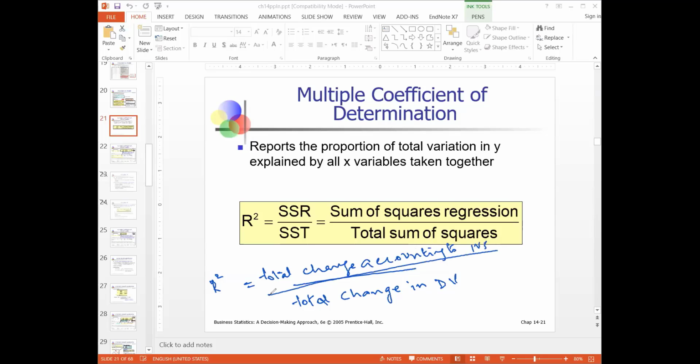So R square is how much y has changed and how much of it is explained by changes in our independent variables. In simple words, as I wrote in the previous slides, it is the known knowledge and total knowledge.